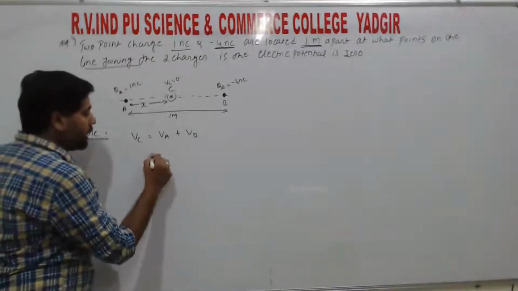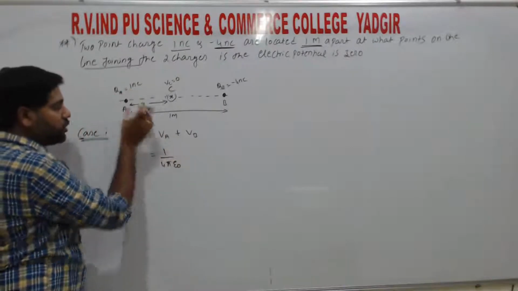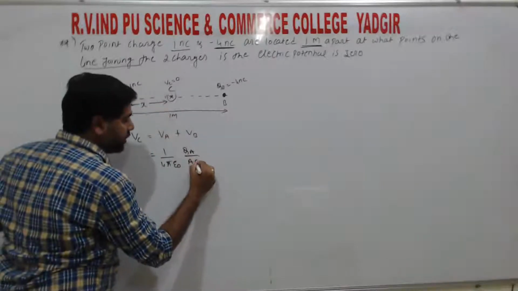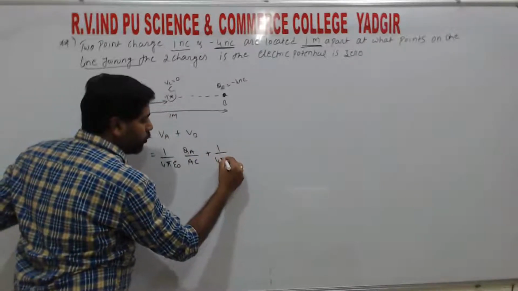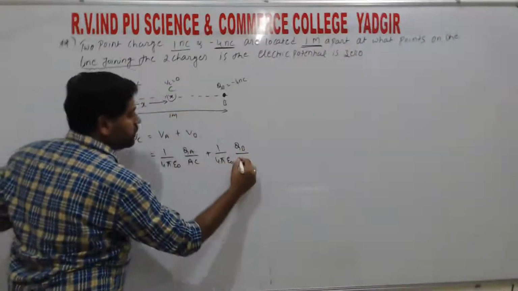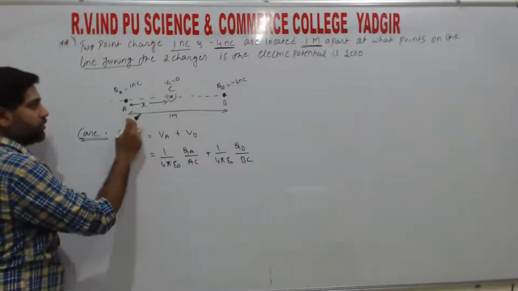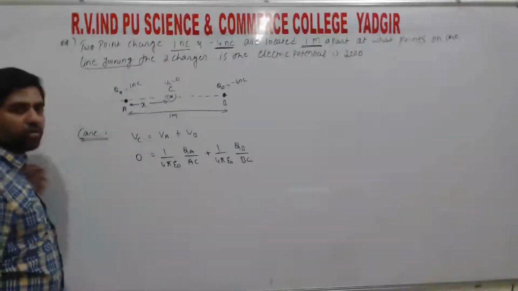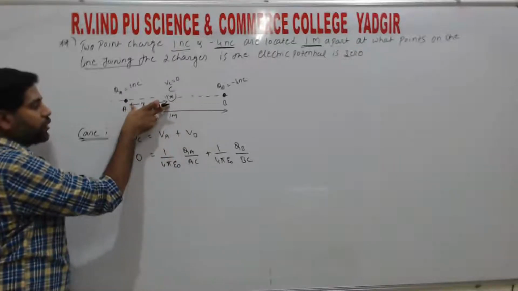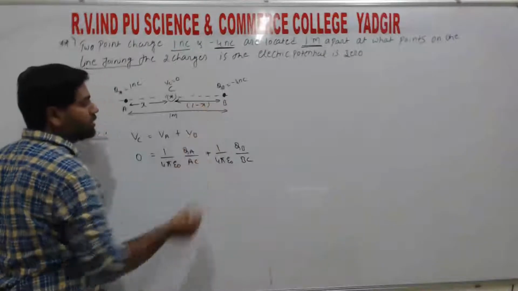So we know the formula again: 1 by 4 pi epsilon naught times QA divided by the distance AC, plus 1 by 4 pi epsilon naught times QB divided by the distance BC. The given condition is that the potential is 0, so we keep 0 here. The total distance between A and B is 1 meter and the distance from A to C is x, so the remaining distance is 1 minus x.